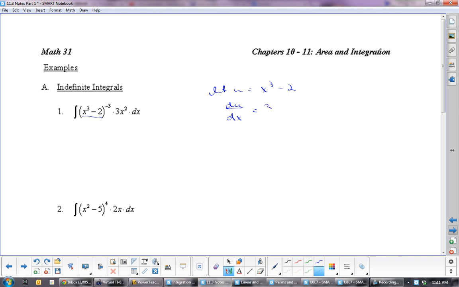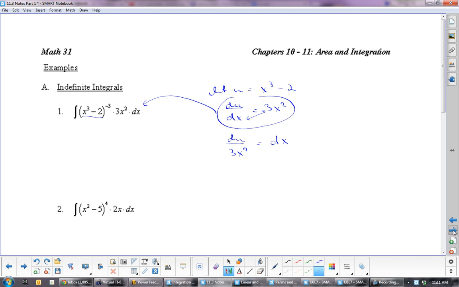Now this is weird, right, because you're doing derivatives now. We're going to want to substitute this into here, but there is no du over dx, but there is a dx. So if I switch these two, I get du over 3x squared equals dx.